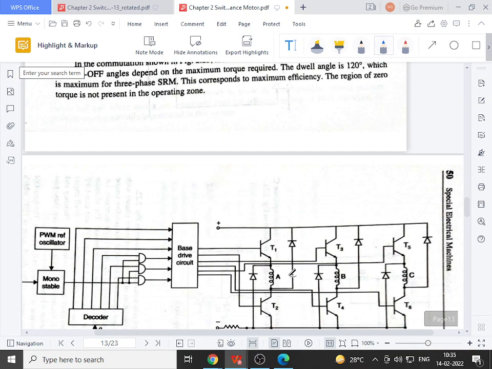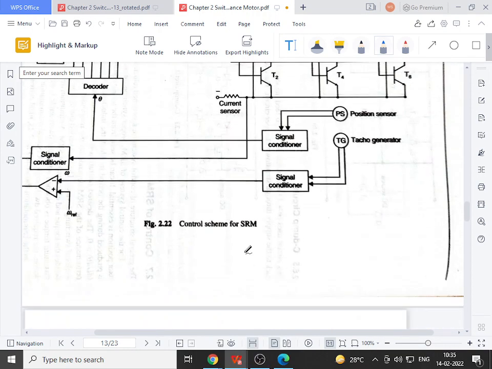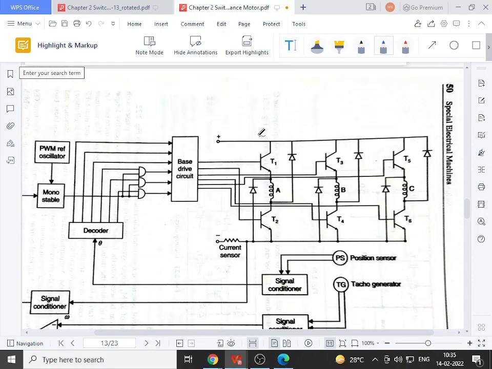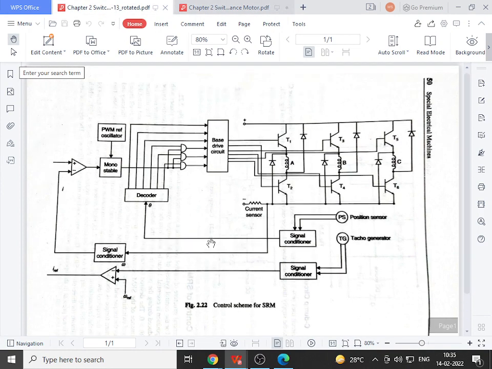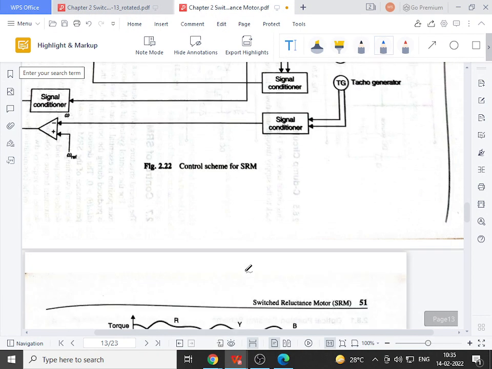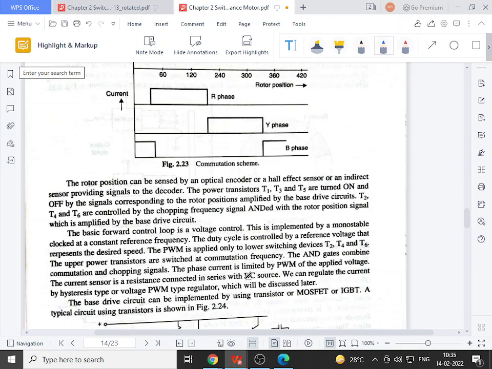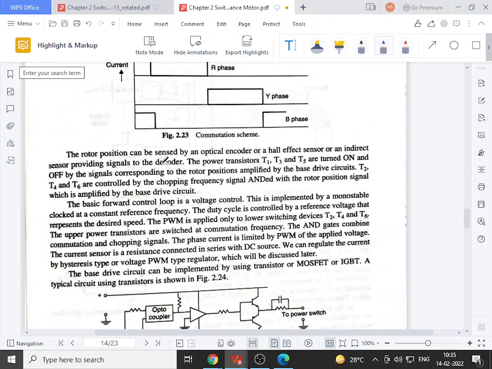Okay. Now whatever control scheme is there, that control scheme is as shown in the figure. So this is the control scheme which I have already explained. So let's see how that control scheme works. The rotor position can be sensed by an optical encoder or by a Hall effect sensor.